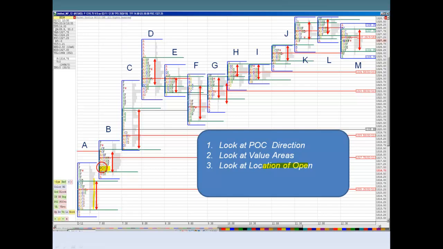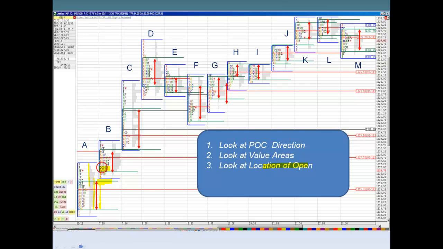So take a look here, column B, the open in fact opens higher than the value area but within range. And what happens? We have an open test drive. We come back down, we test the value area, and we find support. Continues on higher and higher and higher and so on, and then the value area begins to develop above.